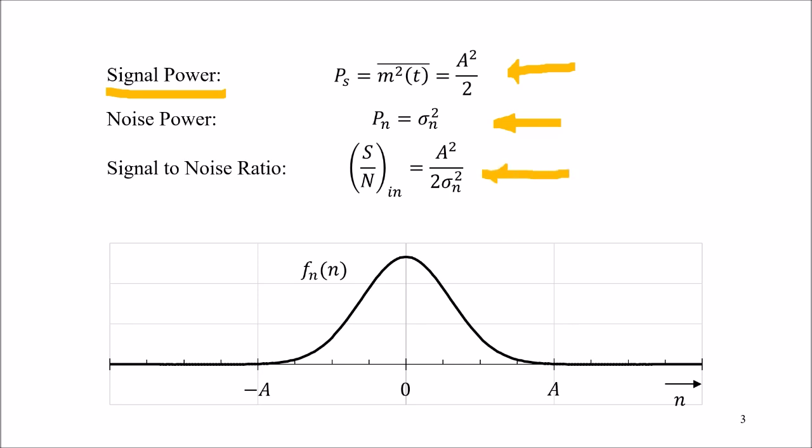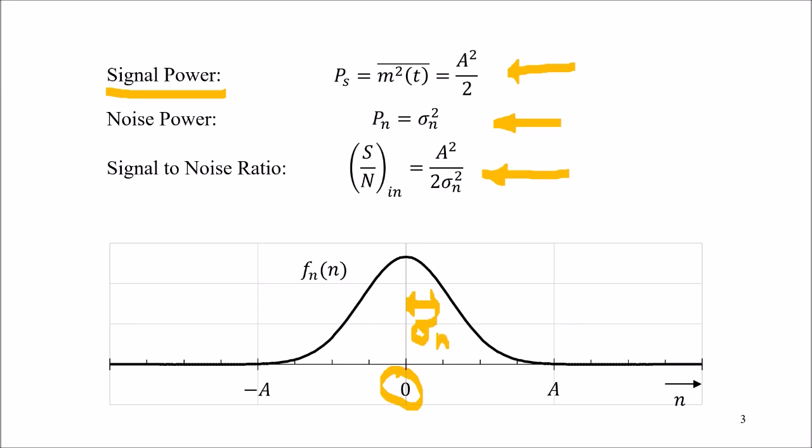So this is now the signal to noise ratio. The noise is Gaussian distributed, and that's shown with this probability density function here at the bottom. The noise has a mean value of 0, and it has a variance of sigma n squared, so its standard deviation would be sigma n.